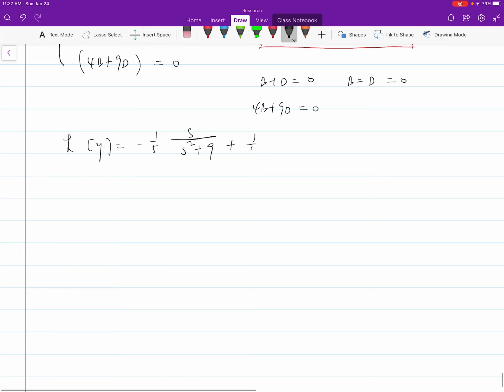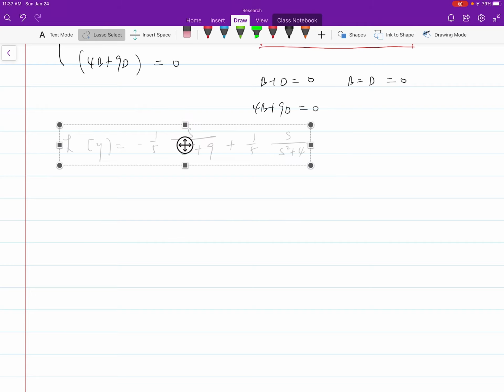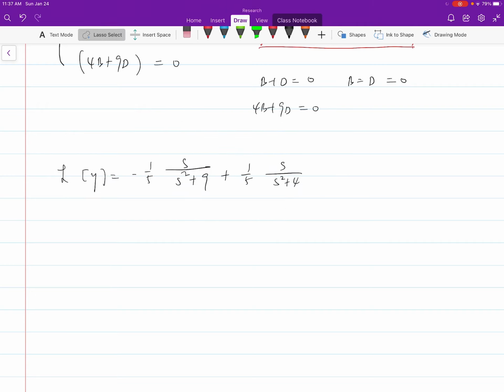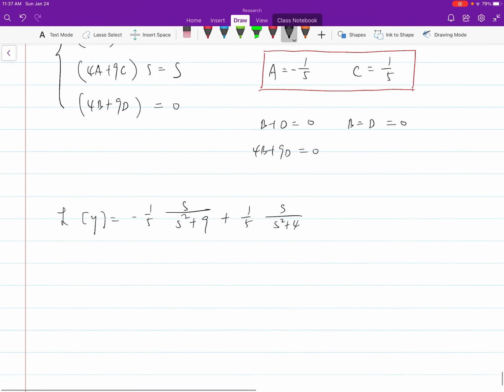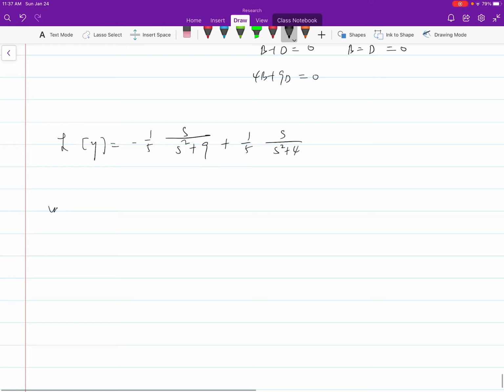Assuming my algebra is working, this will be the same we got after we got A, B, C, and D. Got B and D are 0, so we only have the s term.